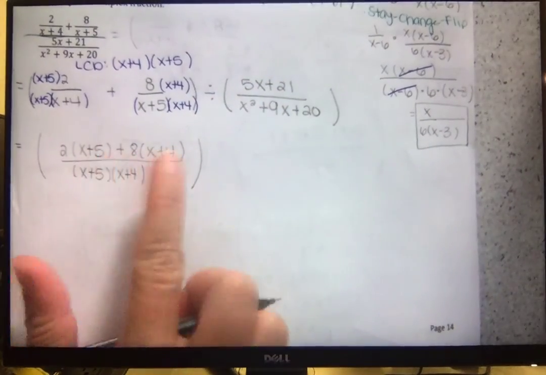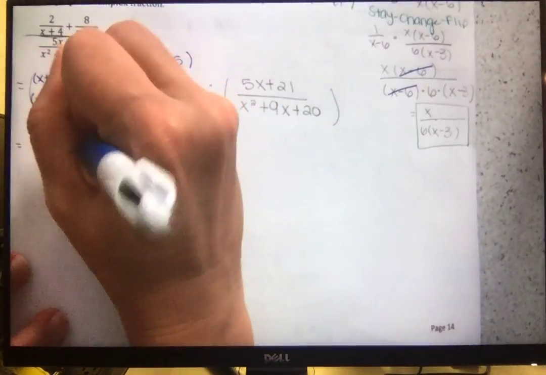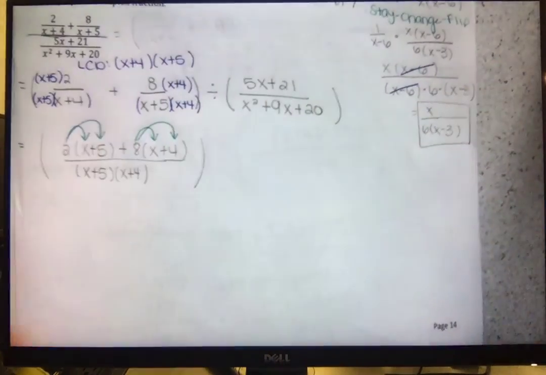Because these two things are being added together, they are not factors yet. We have to get it in standard form so that we can factor it, meaning I have to distribute and combine like terms. So we have 2 times x plus 5 plus 8 times x plus 4, all over x plus 5 times x plus 4. Let's distribute our top, distributing this 2, distributing this 8.